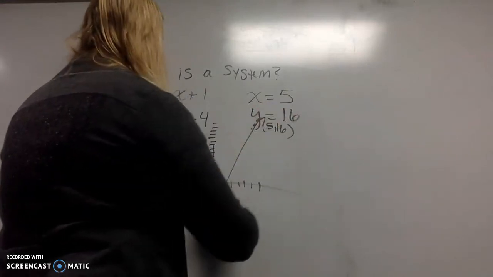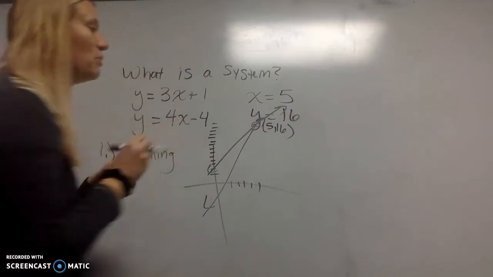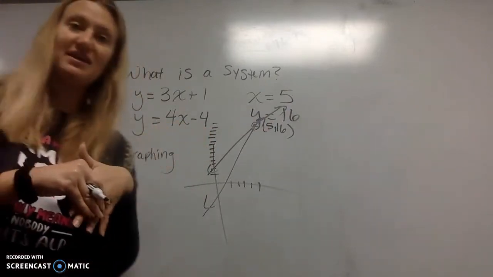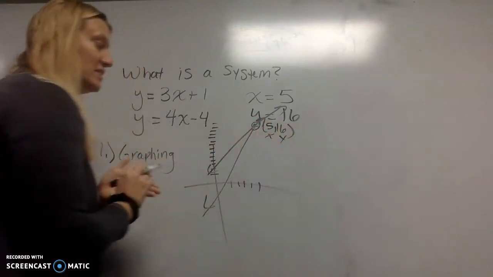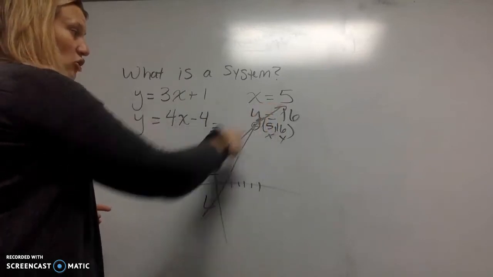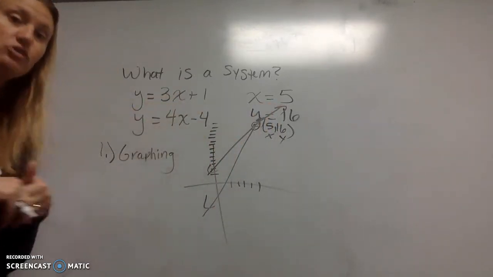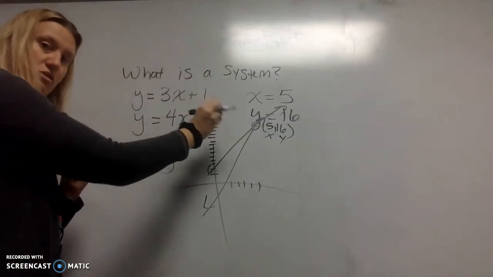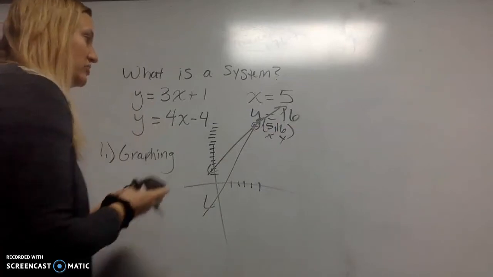So you might have one going like this and one going like that. Those lines are going to cross at that coordinate point, which makes sense because this is an x and this is a y, and that's the only x and y that are on both lines, which means it's the only x and y that work in both equations. So that coordinate point is on both lines, so it works in both equations.